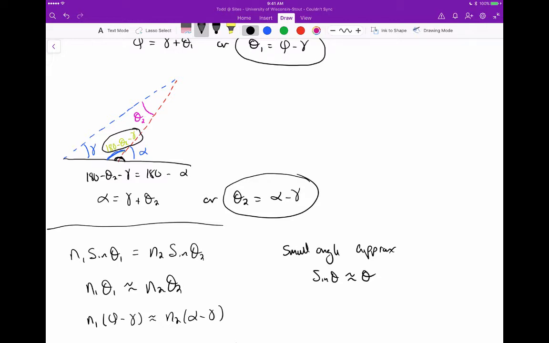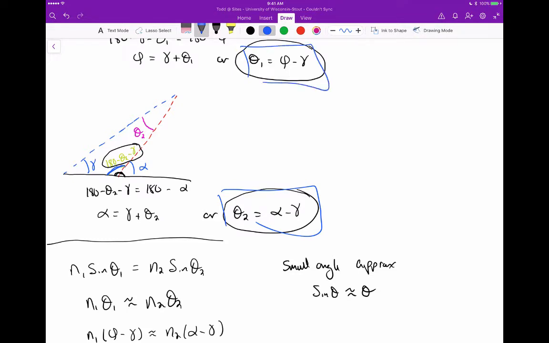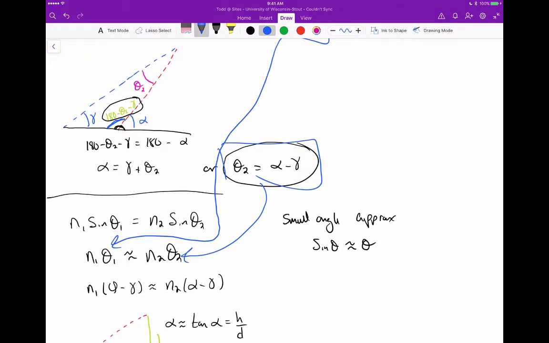And then we're going to go ahead and plug in this equation and this equation in for these guys, which gives me a relationship between phi, gamma, and alpha and the indices of refraction.